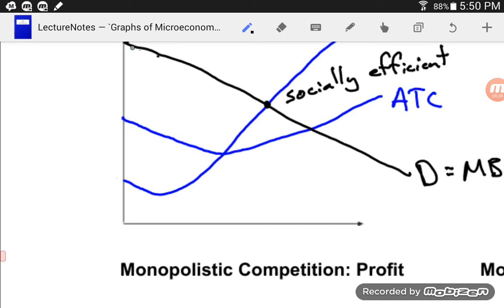You can look one up, but the marginal revenue curve is downward sloping just like the demand curve, but it's actually got twice the negative slope. It's a little more steep than that. Let me try to draw that a little bit better.